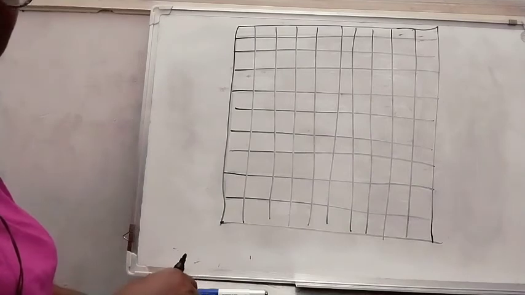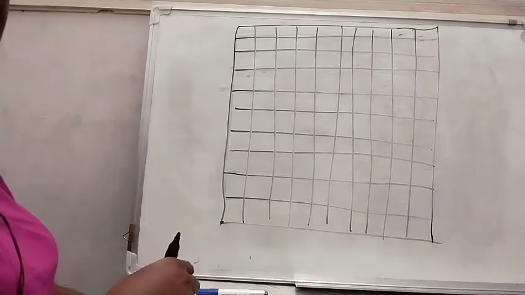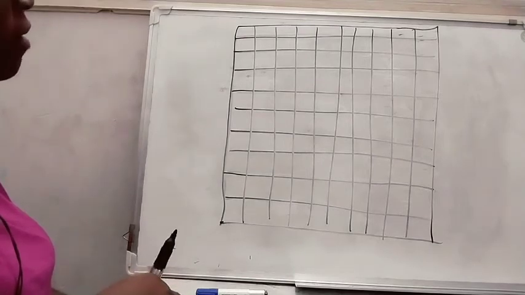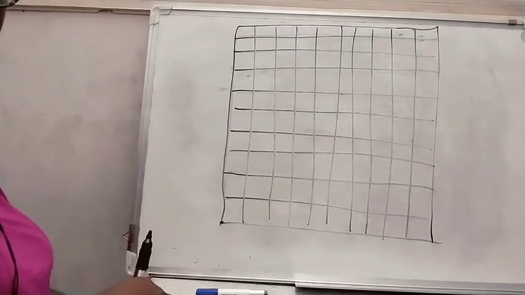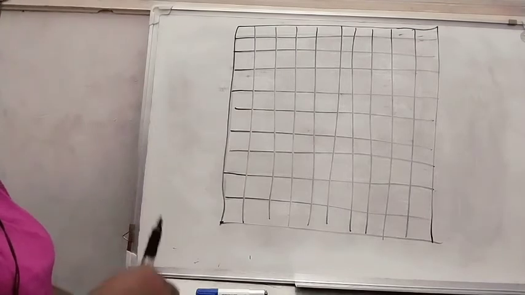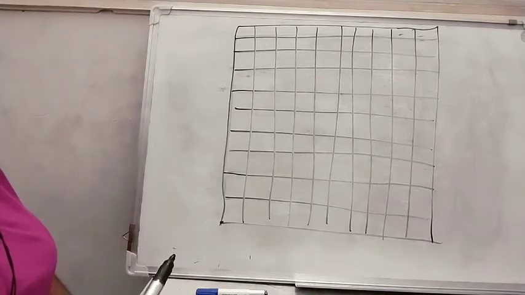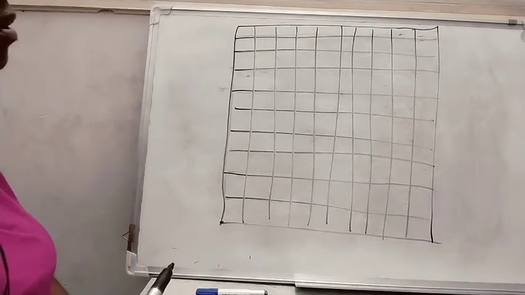Welcome back. I have a diagram that has 100 boxes. This diagram has 100 boxes. So if we look at the diagram, this diagram represents a whole percentage because it contains 100 boxes.